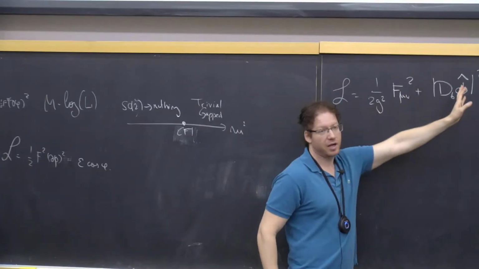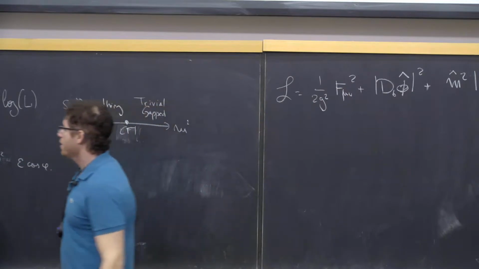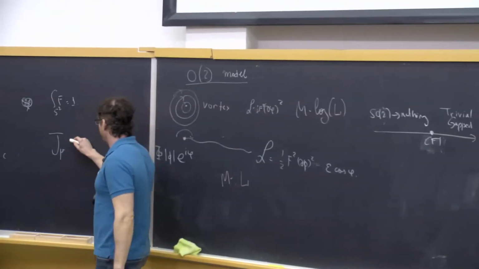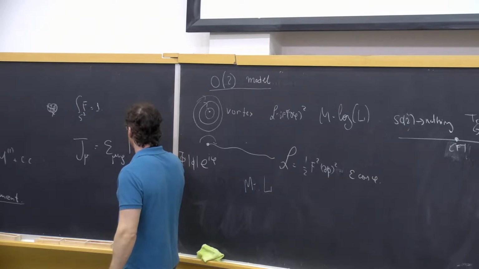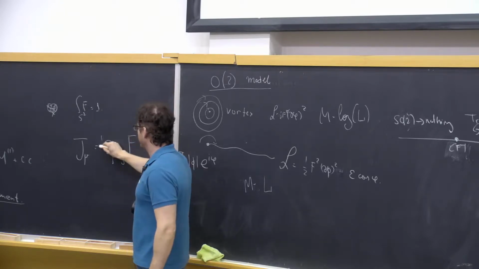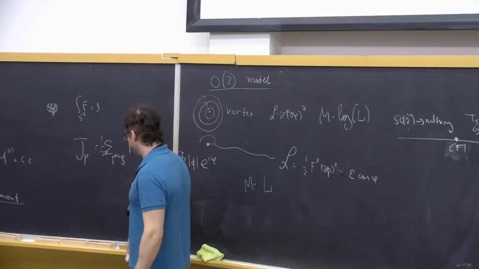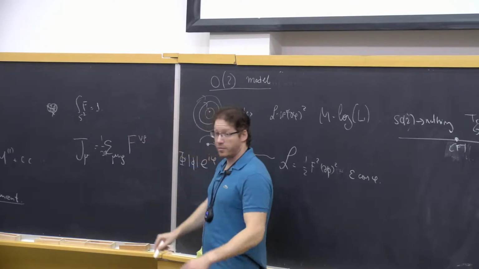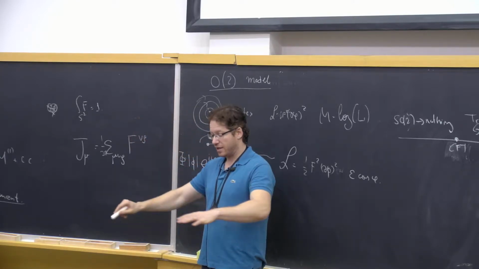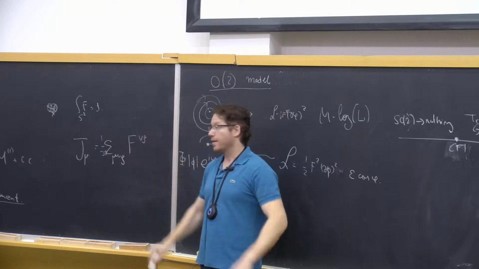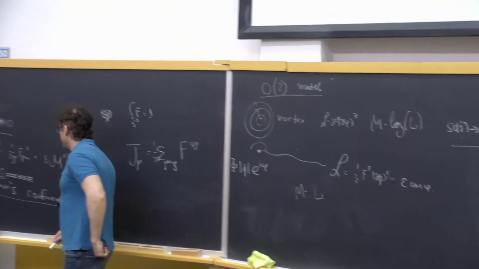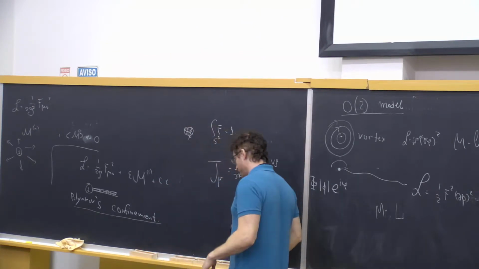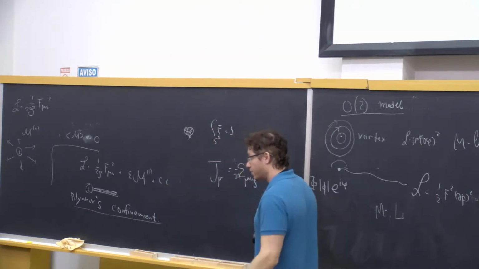So gauge theory coupled to any number of fields always has a conserved symmetry, an ordinary conserved current, which is like this. This is always conserved. And the interpretation of this conserved quantum number is that the total magnetic flux at any instant of time is the same. So once you create some magnetic flux, it cannot disappear.